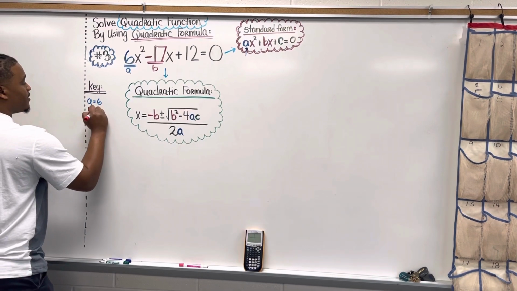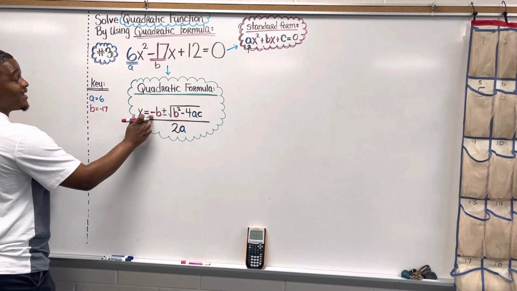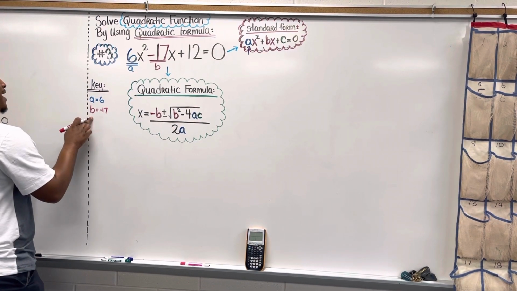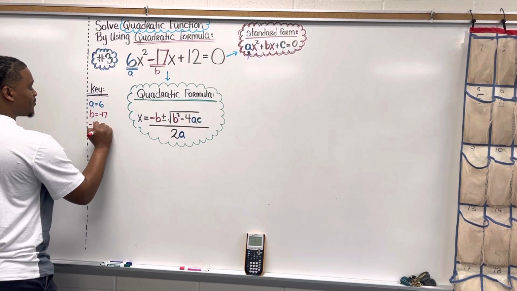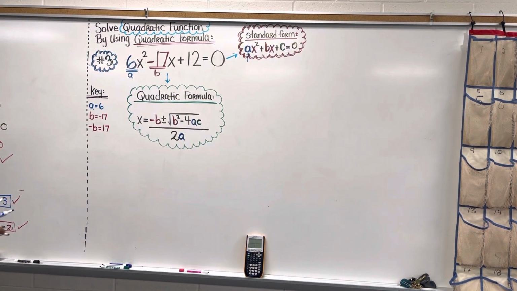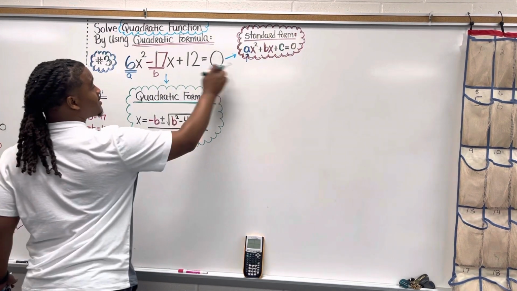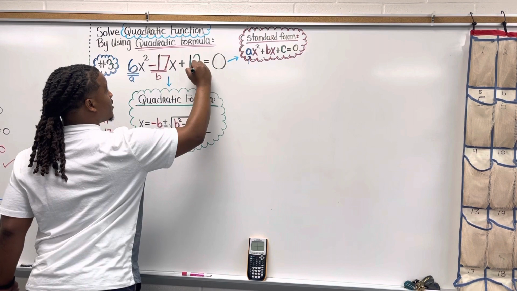From the first 2 examples, you already know that we also have a negative b within the function. So if a positive b is negative 17, then negative b is a positive 17, okay? And last but not least, we have plus c, where c represents the constant, and the constant is 12.